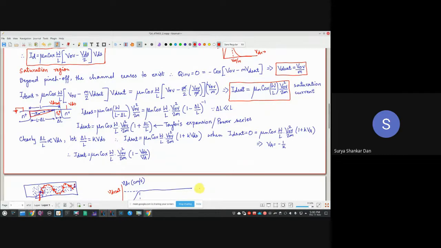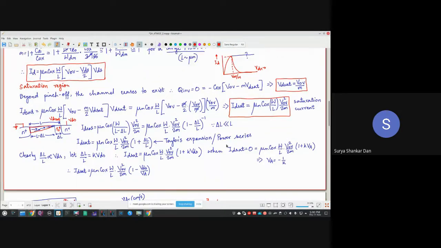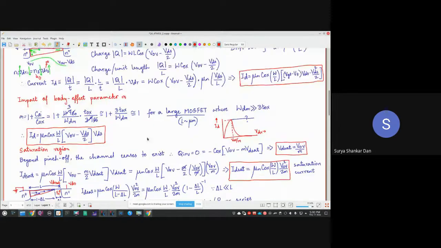Remember what was that value? It was in the order of 10 power 7 centimeters per second. Almost 1/10 the speed of light. So that is the velocity which we are talking about. Very good. So that is really intense.